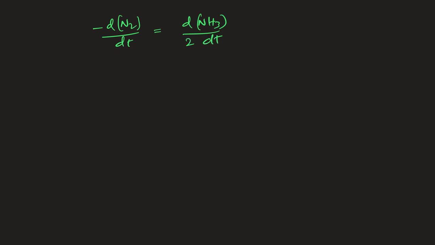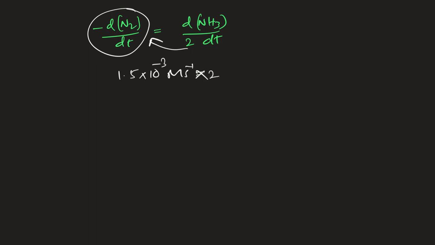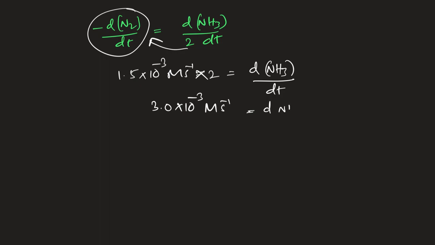So this value they mention, 1.5 into 10 power minus 3 molarity second inverse, is equal to, this 2 will be multiplied here, therefore multiply with 2, is equal to dNH3 by dt. Then 15 into 2, 30, means 3.0 into 10 power minus 3 molarity second inverse, that equals dNH3 concentration by dt.